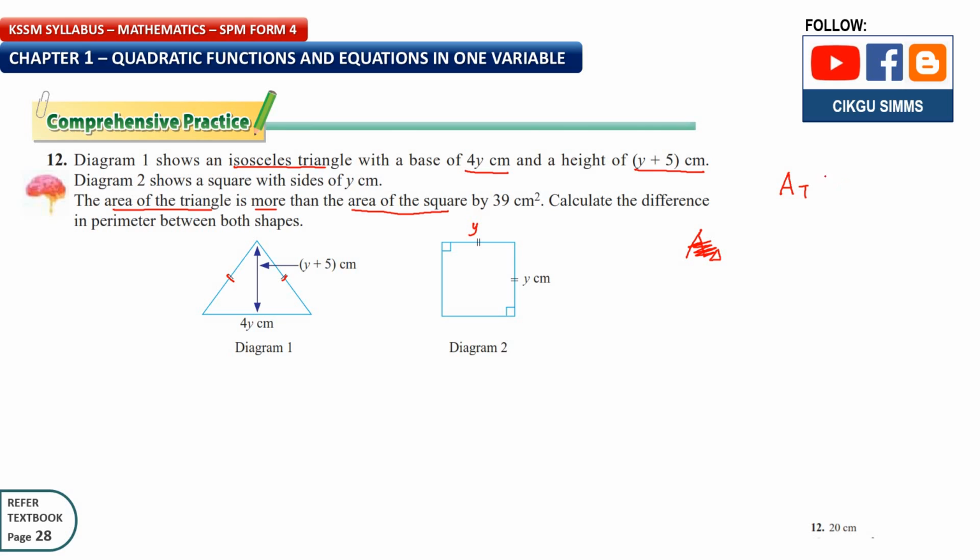Area of triangle is more than the area of square, so more than the area of square by 39. Because this number is big, right? Because the area of the square is small. So when it minus this number, you get 39.